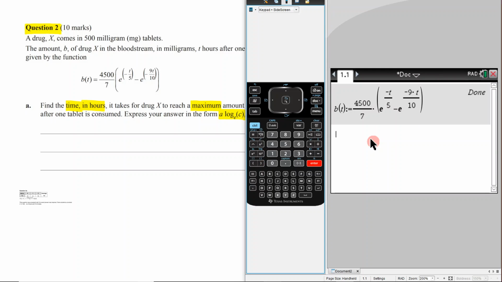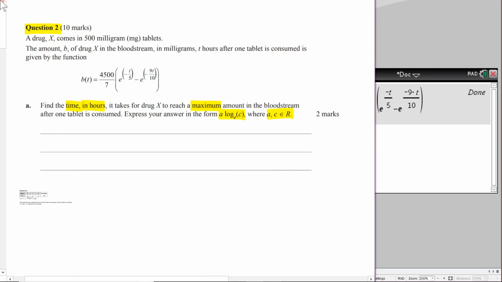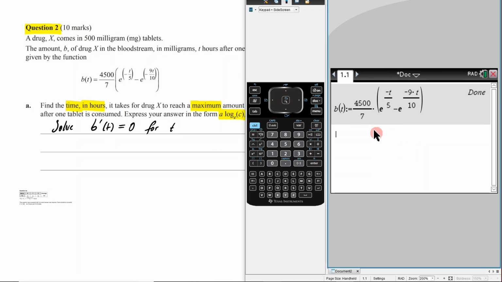Now that I have defined that, the next thing that I'm going to do is a bit of optimization. So I'm going to solve the derivative of this when it's set equal to 0. Solve this for t, and that's going to enable us to find our maximum value, so finding where that stationary point is occurring.